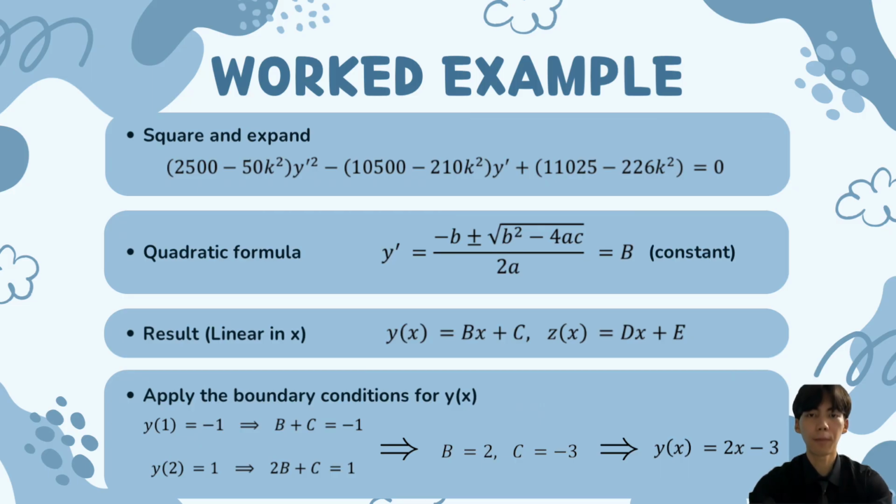So y of x and z of x are linear functions of x, which is y of x equal to bx plus c and z of x equal to dx plus e. Applying the boundary conditions at points A and B to y of x will give y of 1 equal to negative 1, which is b plus c equal to negative 1, and y of 2 equal to 1, which is 2b plus c equal to 1. By solving this pair simultaneously, it will give b equal to 2 and c equal to negative 3, so that we will get y of x equal to 2x minus 3.